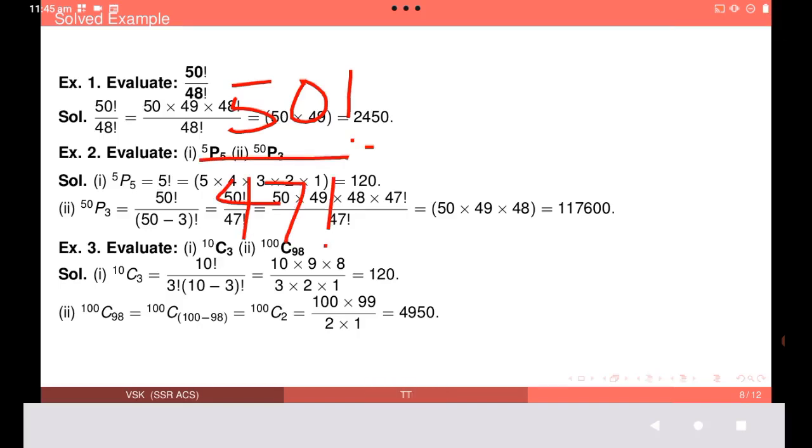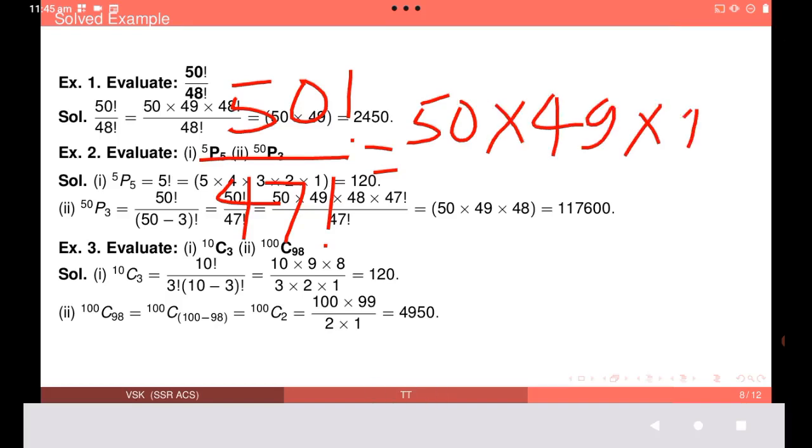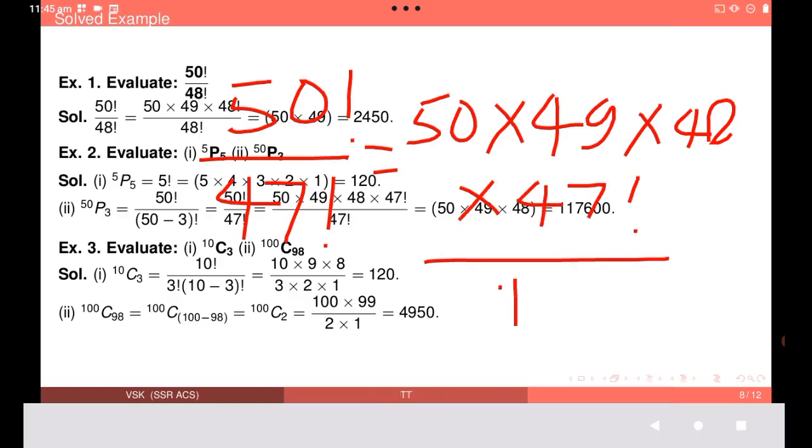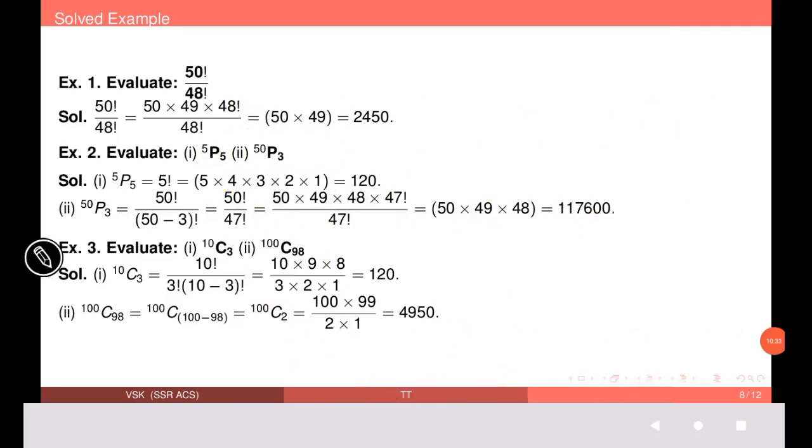It is very simple. You write down 50 into 49 into 48, and the remaining is factorial 47 divided by factorial 47. So this will be cancelled, and the remaining will be 50 into 49 into 48. So this will be the answer.